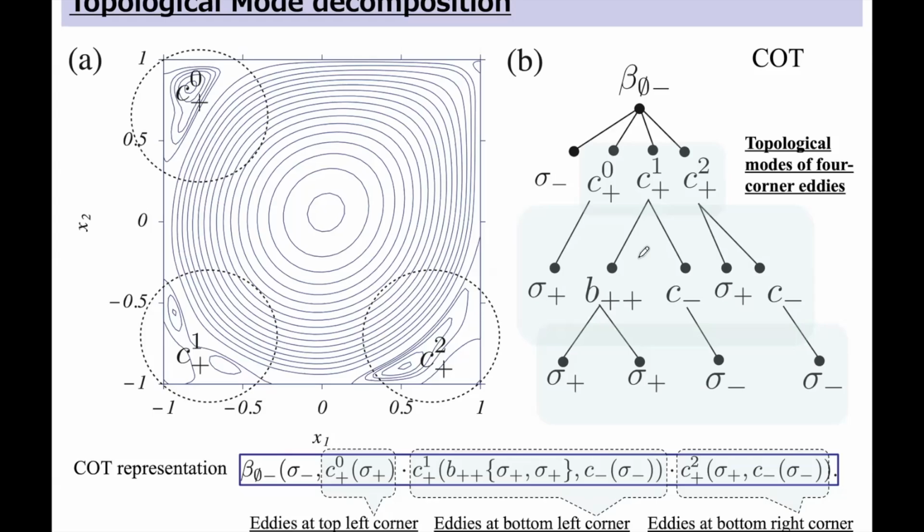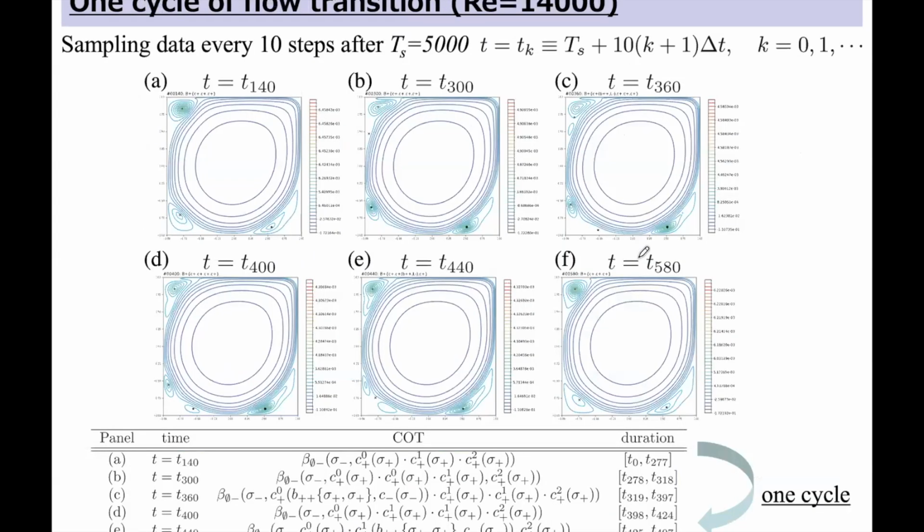In order to create a dynamic model, we focus on this arrangement to express the topological features as a snapshot of this evolution. Then we apply this TFDA analysis, the topological mode decomposition, to the time evolution. We sample from the numerical data every 10 steps after a long transient time of 5,000. Then we enumerate the time steps as a case state, like this.